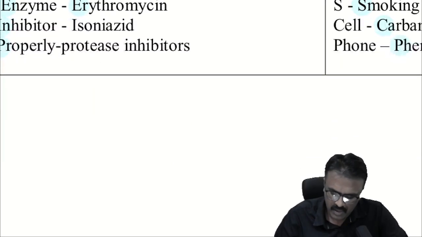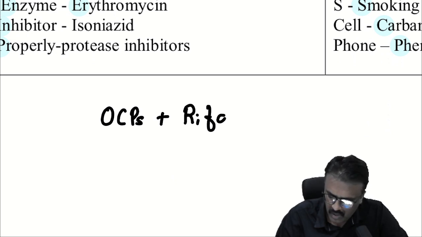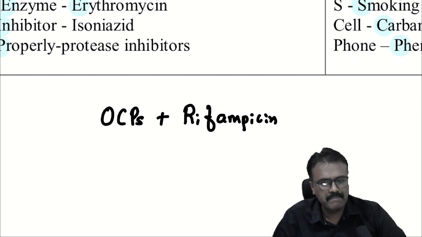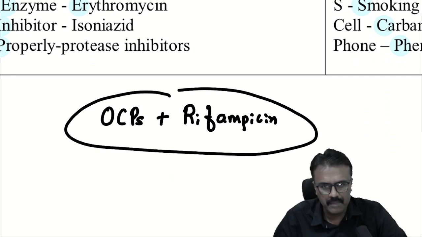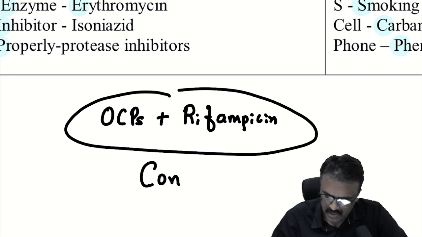Now tell me, what happens if a lady is taking OCP and for her we give rifampicin? Let me remind you, rifampicin is an enzyme inducer. So what is the interaction going to be? The OCPs are going to be metabolized faster, so that will lead to contraceptive failure.